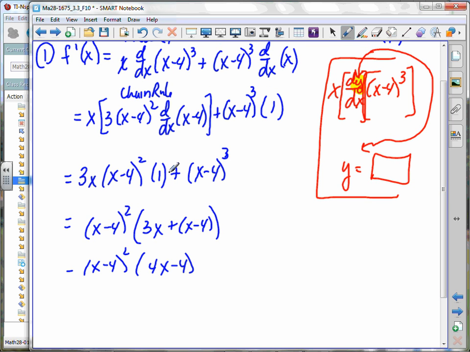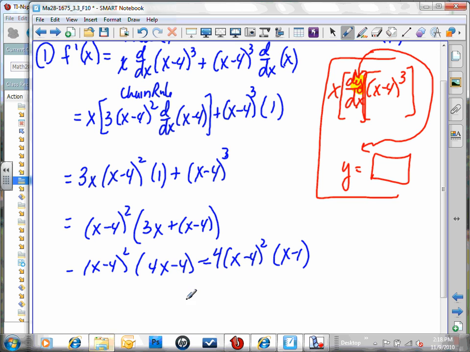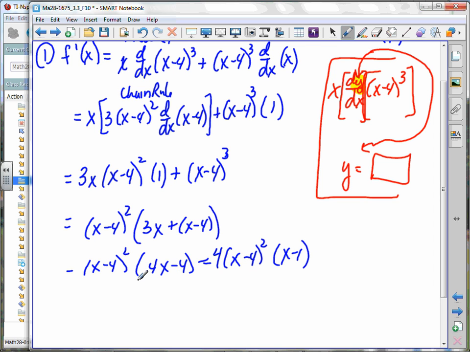You may want to leave it like this and work it from there. I think I'm going to do one more step and make it 4 times the quantity. Let me put that 4 out in front, because I'm taking a 4 out of that last one there. Now I need to find the second derivative.